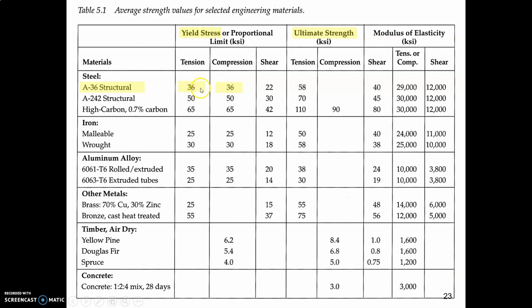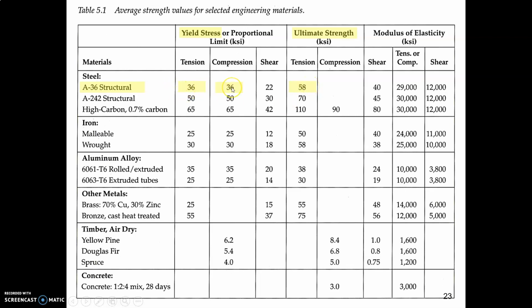And what this is telling us is that the yield point for mild steel is 36,000 PSI, and notice this, tension and compression are the same. And then it says the ultimate stress for mild steel is 58,000 PSI.